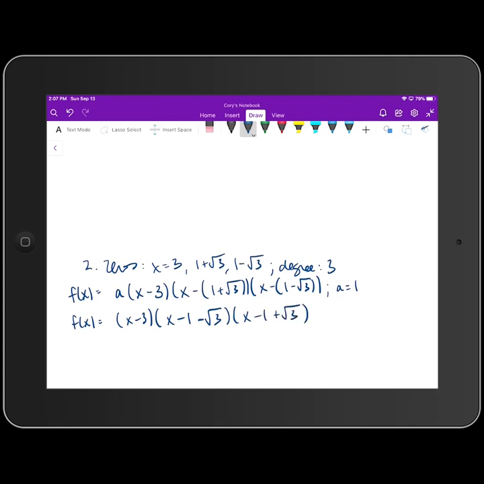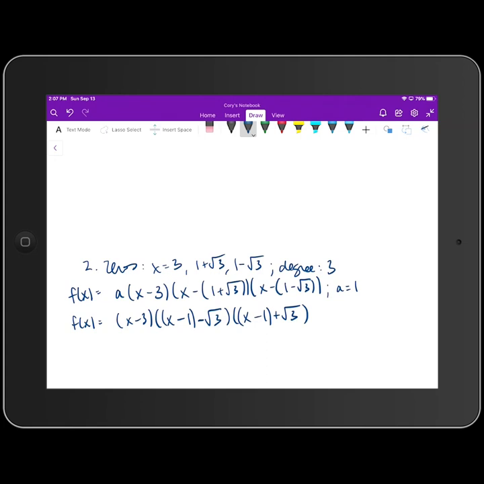Now, what you could do is distribute all of this stuff out. But I'm going to show you a way that's quicker in this particular case. Okay, so a faster way is to regroup the second and third factors like this, where you have x minus 1 minus rad 3 times x minus 1 plus rad 3.